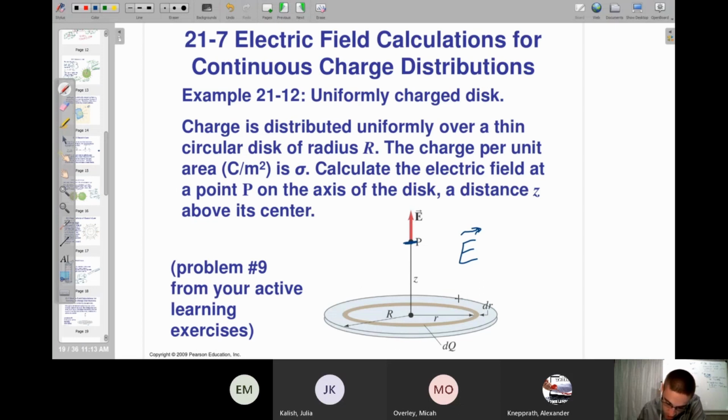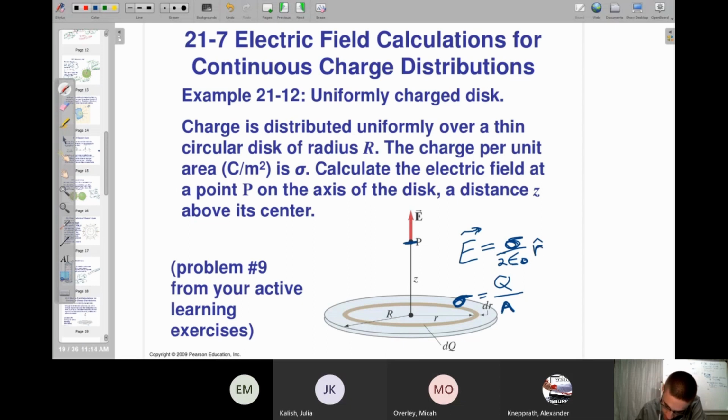So if you have a surface charge density sigma, if sigma is the charge over the area, right, the charge per unit area on a plate of charge, then the electric field was equal to sigma over 2 epsilon naught, and that was pointing radially outward.